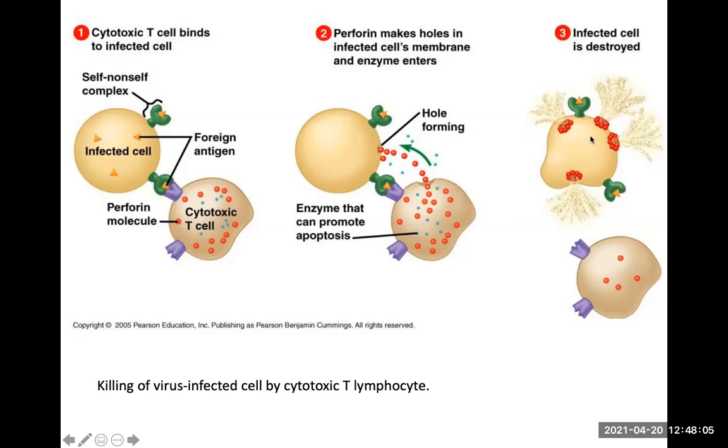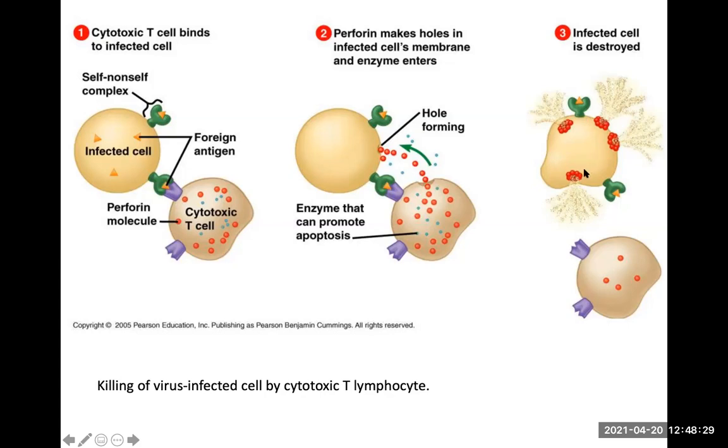That can directly kill the cell, but to make sure that we get rid of that, maybe the genome is weird, we don't know, we want to make sure that that cell is dead forever. And so we also have the granzymes that get in and start the apoptosis, and that will lead to the blebbing.